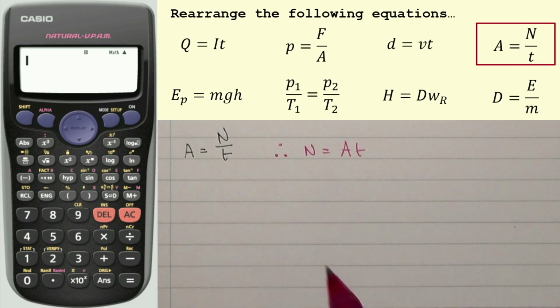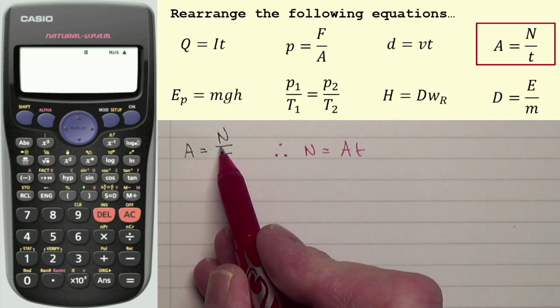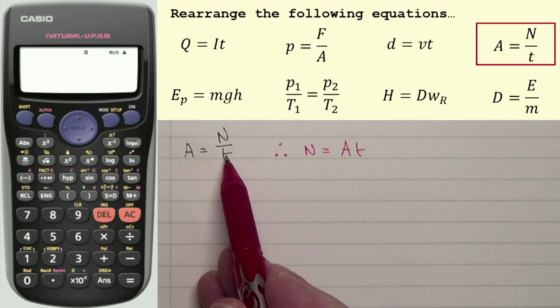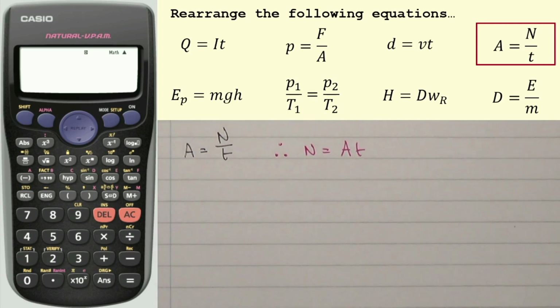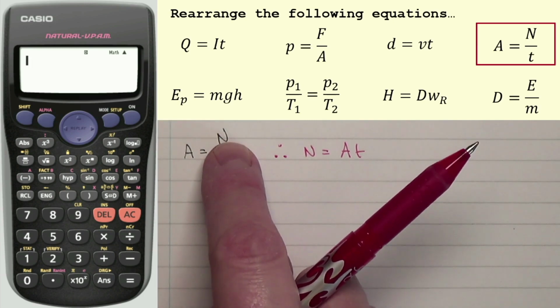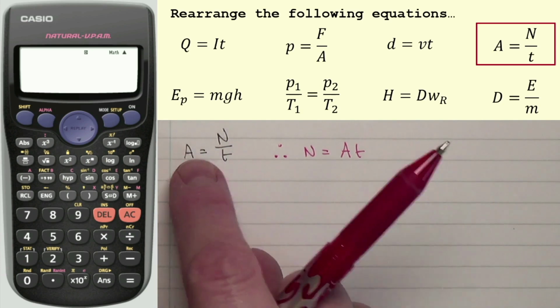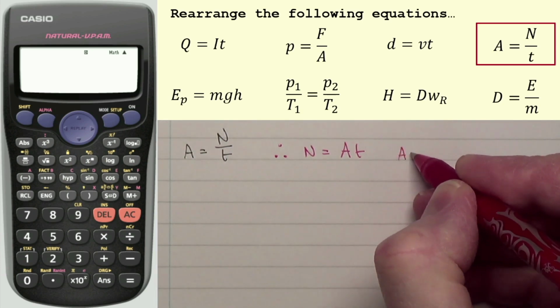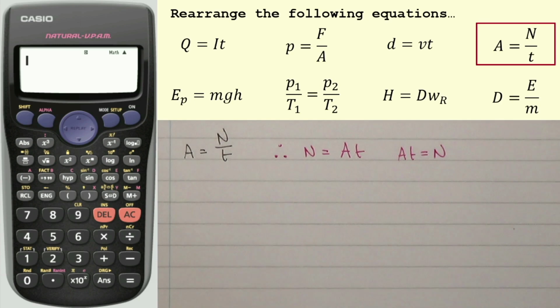To get t on its own, what I'll do is I'll multiply both sides by t, but of course I'll keep the t on the left hand side. I want to make that the subject of the equation after all. So if I multiply the right hand side by t, that gives me of course n on the right hand side. If I multiply the left hand side by t, that gives me a times t is equal to n.